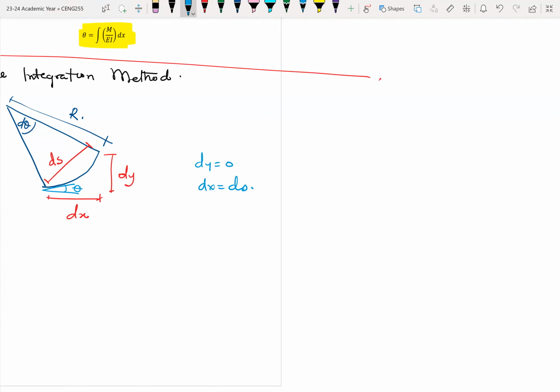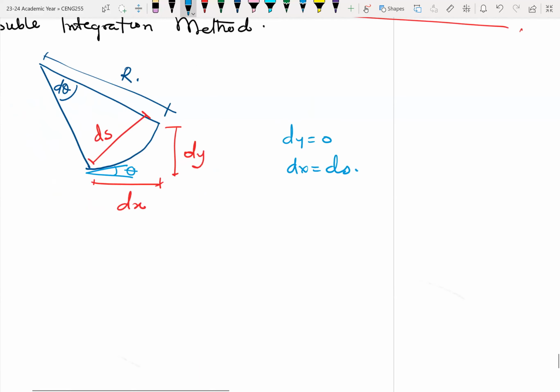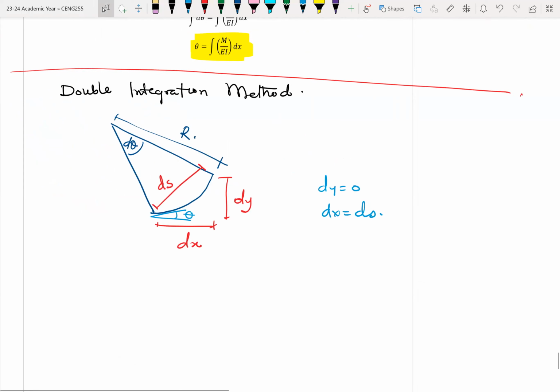But to expand the equations, I need to show you generally what happens in case the rotation is not horizontal as we had it earlier, and there's a bit of skewness to it, which means there will be a dy component.